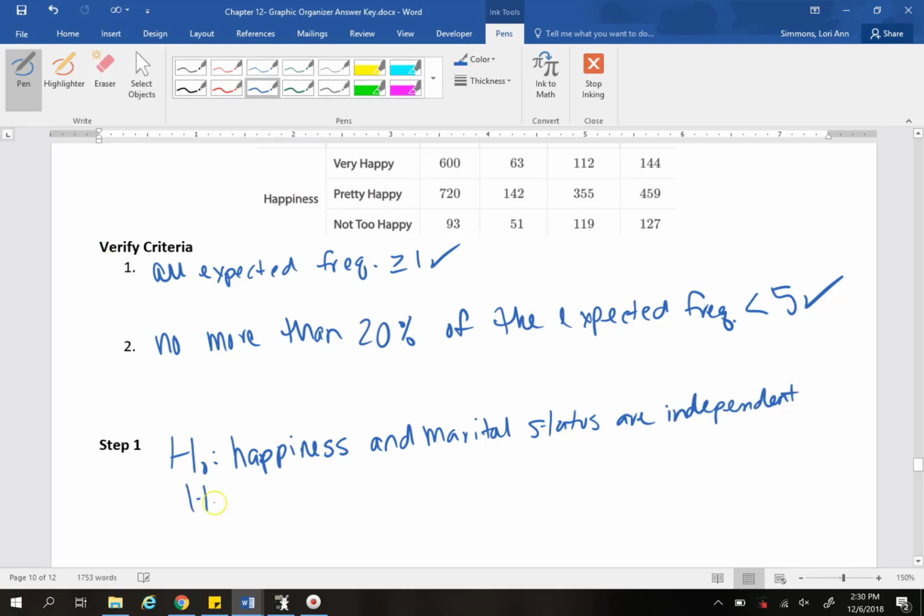Then the alternative is that happiness and marital status are dependent. So the null will always be independent and the alternative will always be dependent.